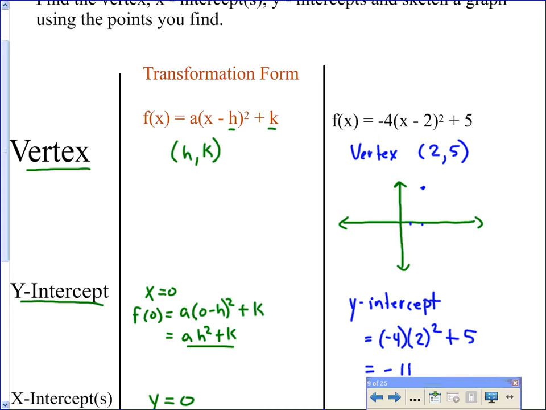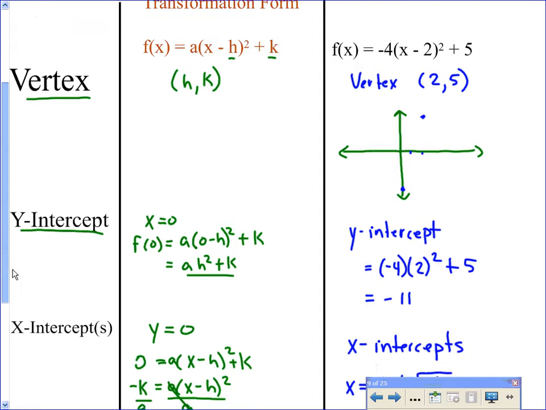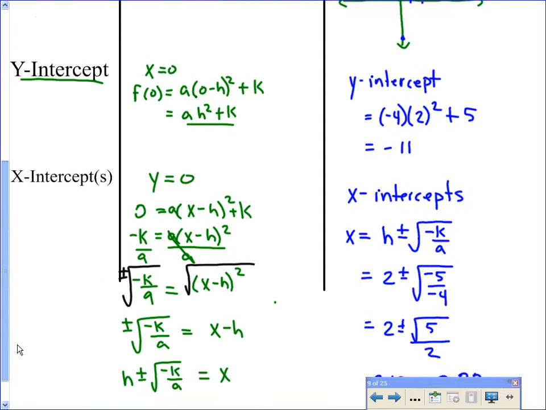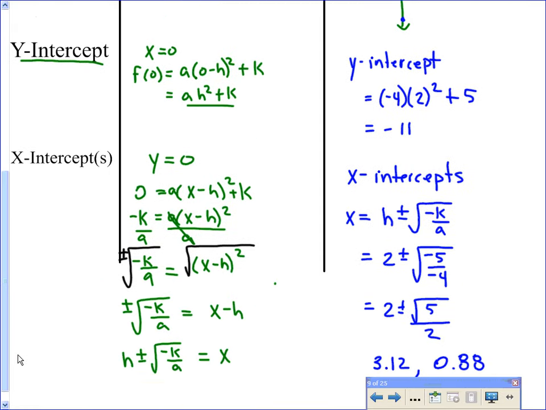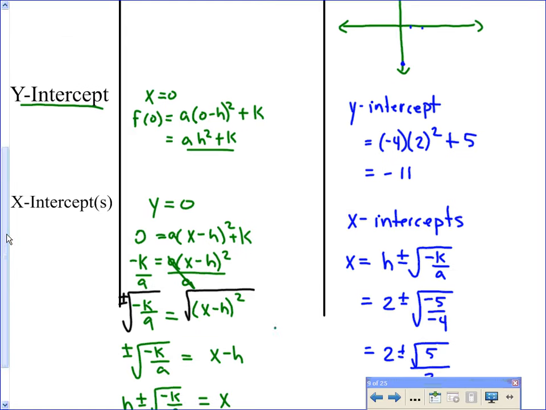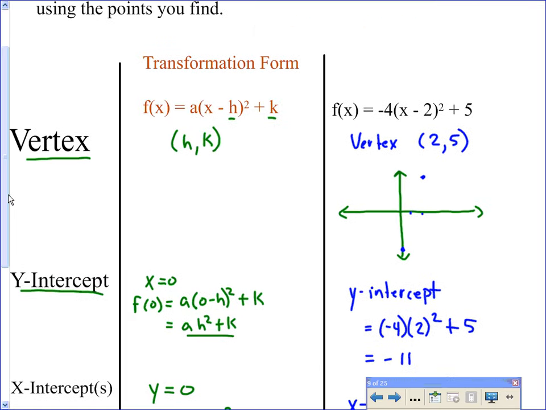So your y-intercept is down here, and then you've got x-intercepts as we said at 0.88 and 3.12. So it's going to be something like this. Okay, and that would be a sketch of that one.